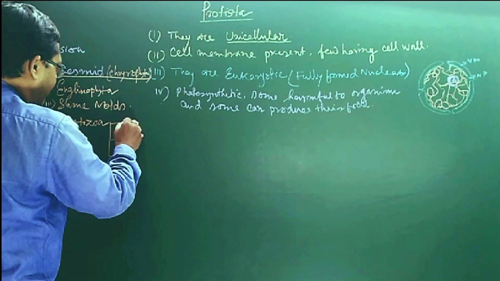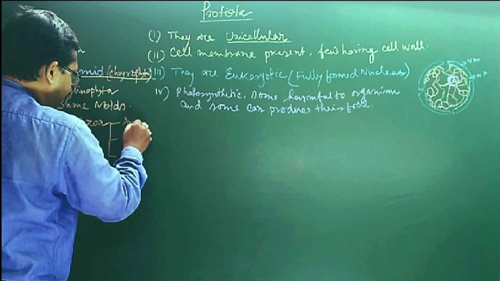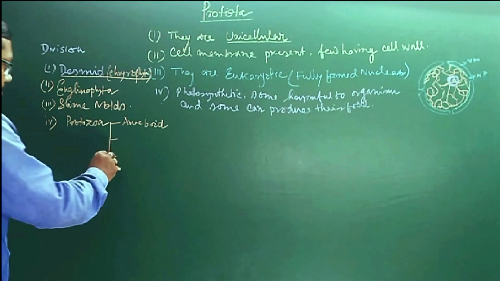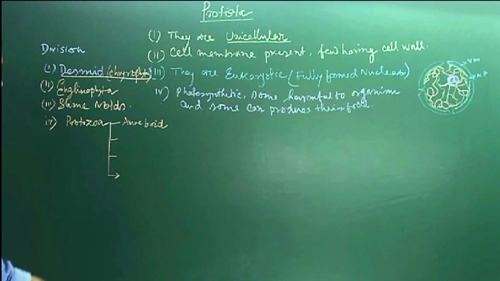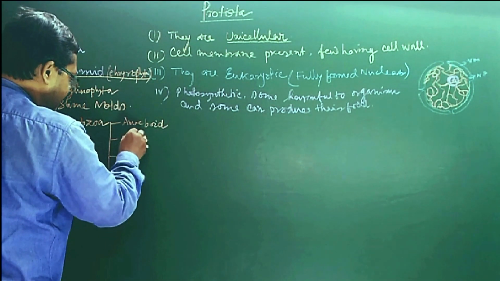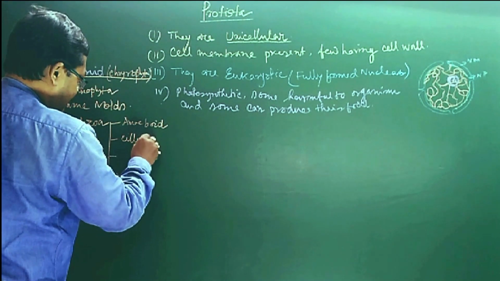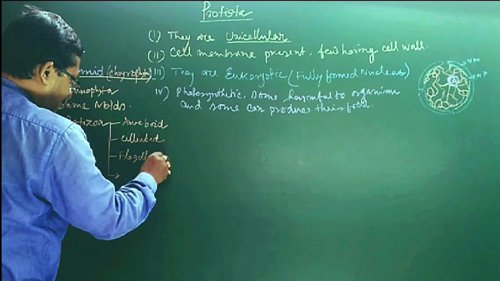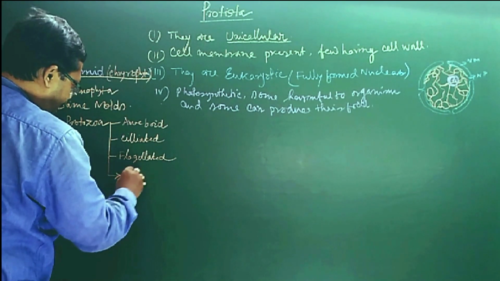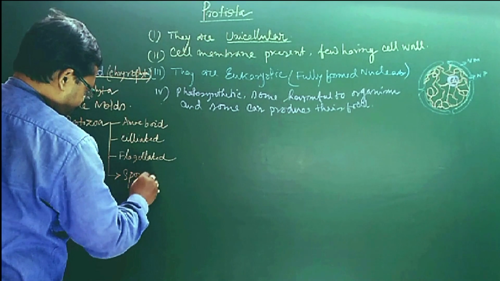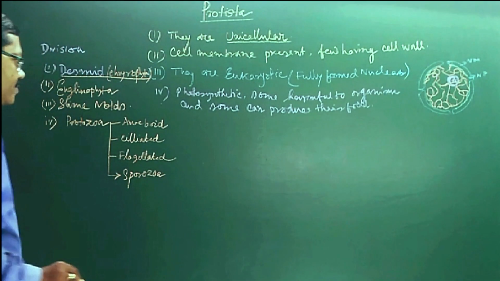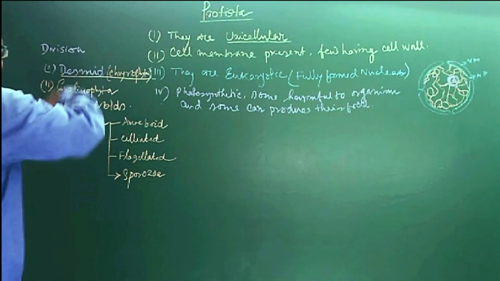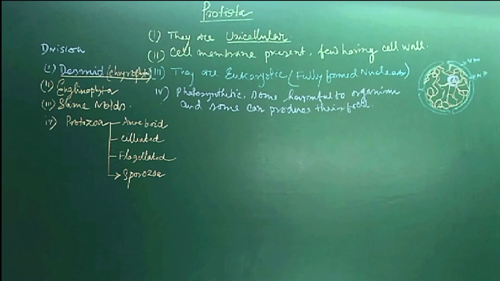That is the amoeboid, which show amoeboid type movement and contain pseudopodia, ciliated, flagellated, and sporozoa. These are more or less 4 important classes of protozoa.